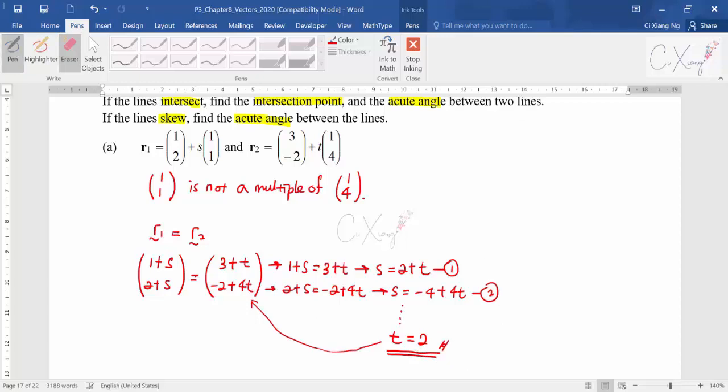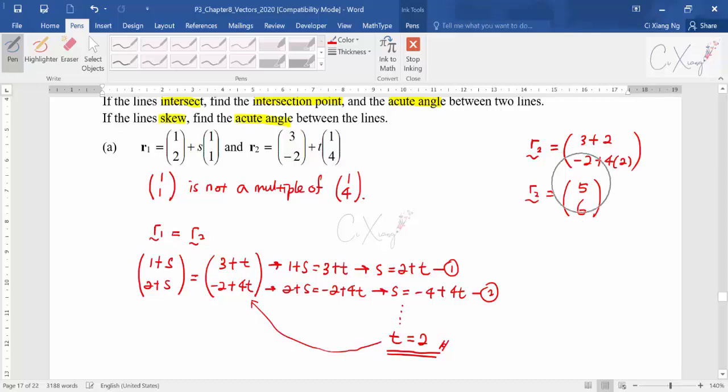Alright, so substitute T equal to 2 into your vector equation R2. So R2 is equal to (3 plus 1T, -2 plus 4T). T is 2, and 4T means 4 times 2. So your R2 is equal to (3 plus 2, which is 5, and then 8 minus 2, you get 6).